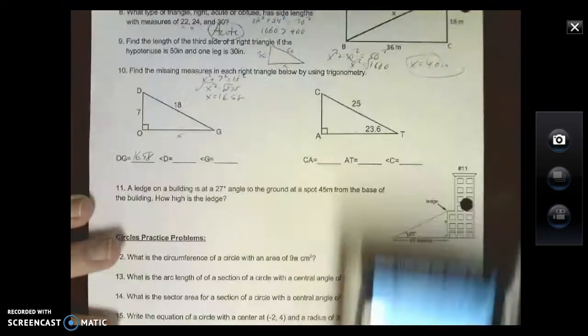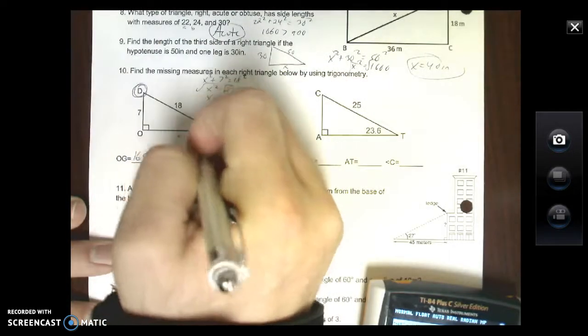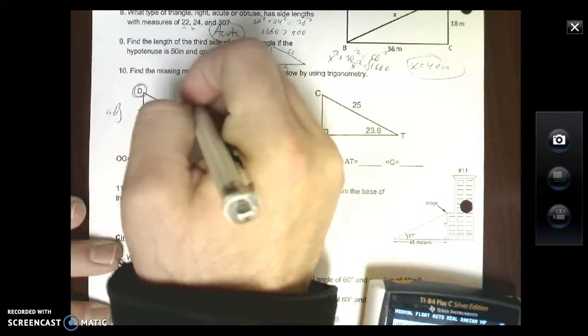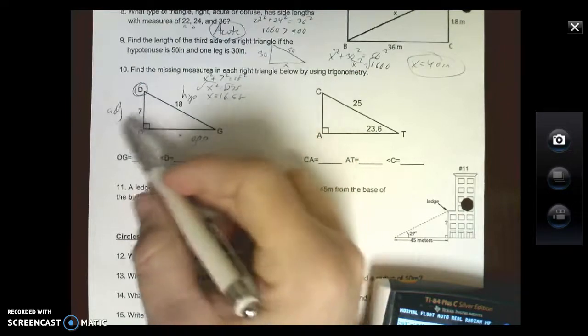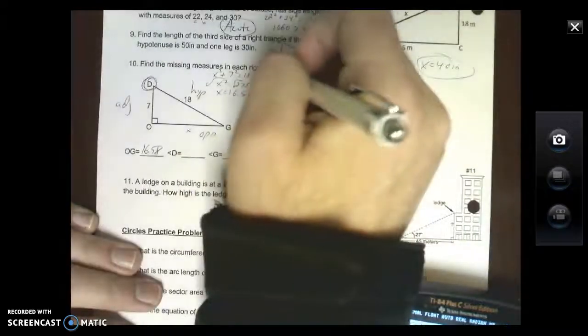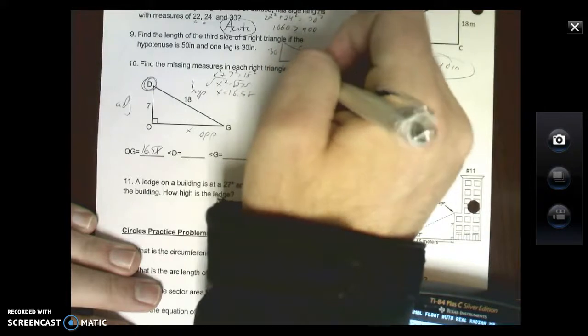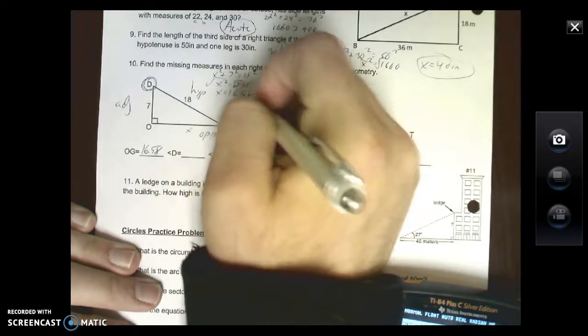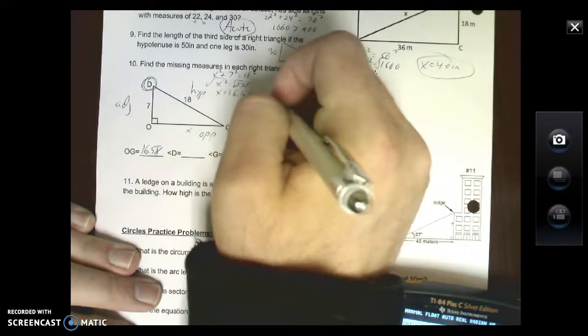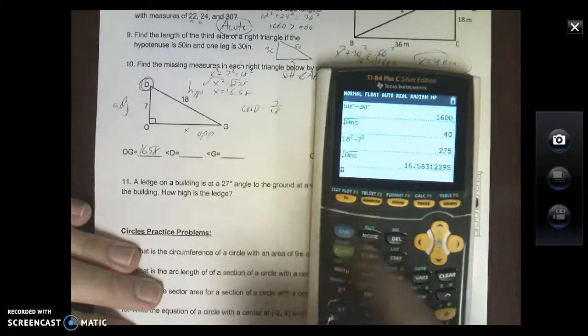Okay, good. Now I want to find either D or G. I'm going to go with D. This is your opposite, adjacent, hypotenuse. I want to use the ones that make the nicest numbers, so I'm going to use A and H. Don't forget SOH CAH TOA. So cosine of D equals A over H, 7 over 18. This is when I'm doing the second cosine.